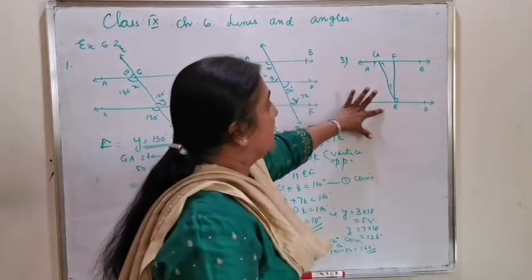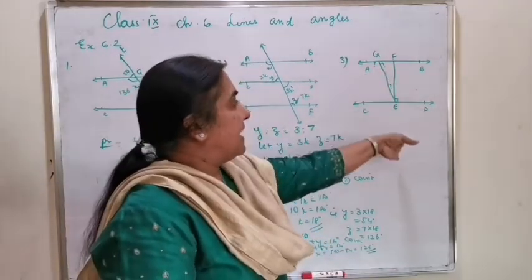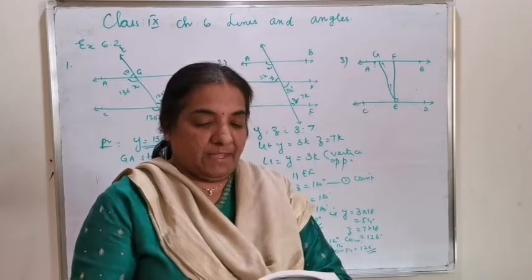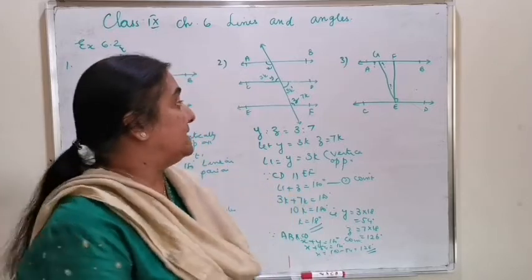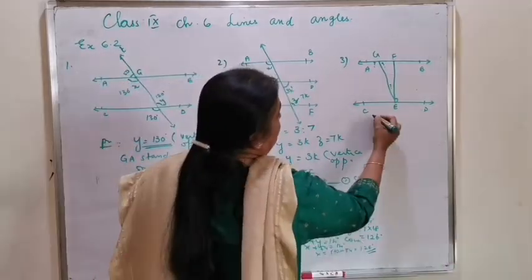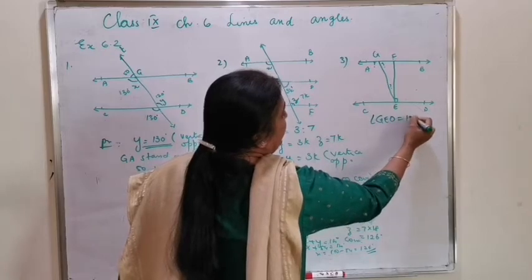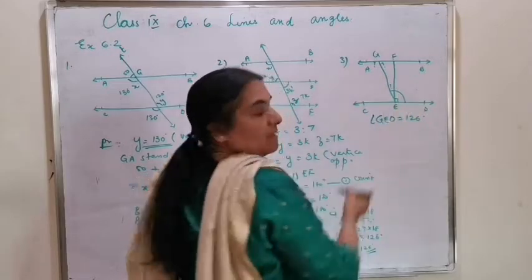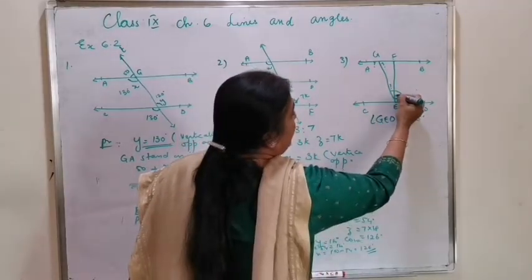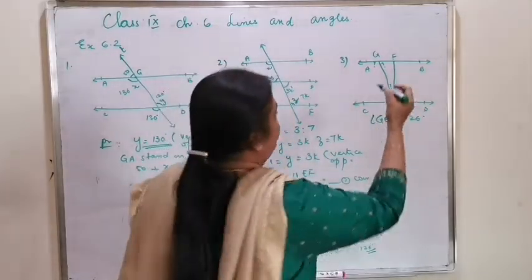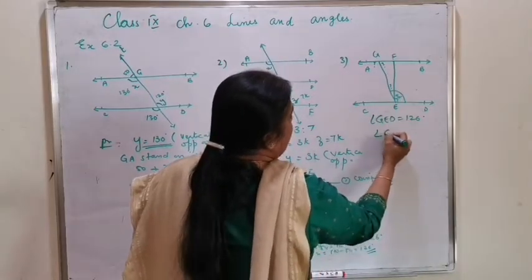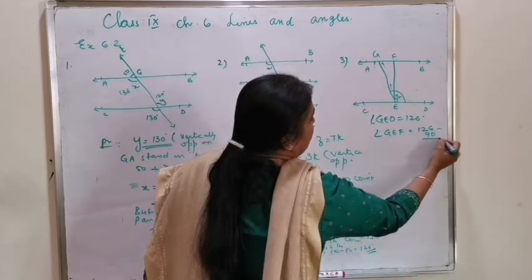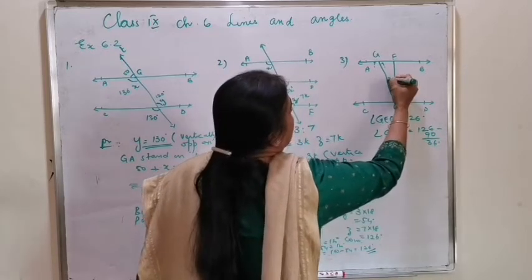If AB is parallel to CD, EF can be a transversal, GE can be a transversal, then angle GED is 126. That means the total of angle GED is 126, and already EF is perpendicular, so this is 90 degree. Therefore, angle GEF is equal to 126 minus 90, it is 36 degree.